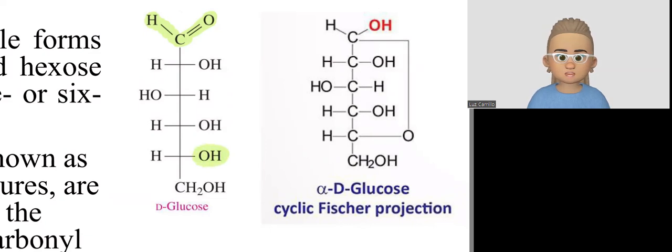So what happens overall is that specifically monosaccharides that have a carbonyl functionality like an aldehyde or a ketone can actually cyclize to make what is known as a cyclic Fischer projection. And you can observe here that overall what happens is that the oxygen in the OH binds to the carbon in the carbonyl, and then the oxygen that used to be double bonded turns into a hydroxyl group.